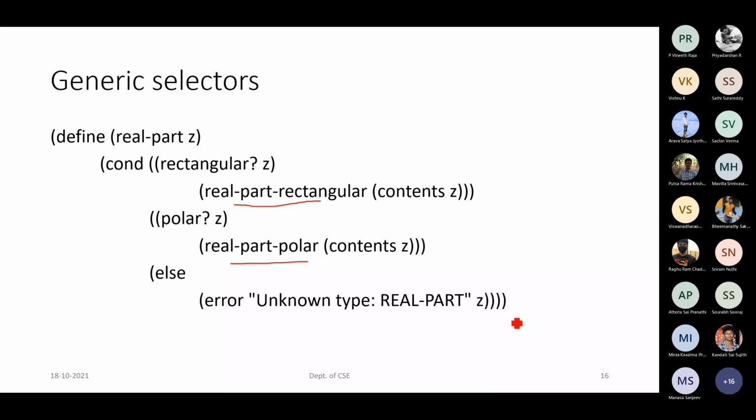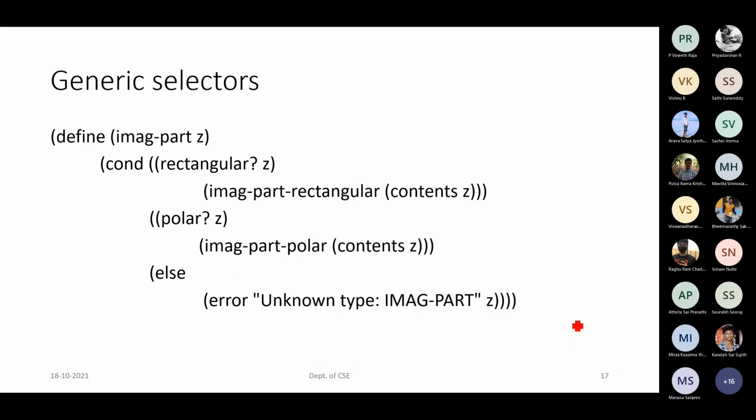Similarly, you also have to make sure, if your complex number is in the rectangular representation, we will be calling the imaginary part of rectangle. This procedure has to be called. If it is your polar representation, then this procedure has to be called. How can we make a decision?